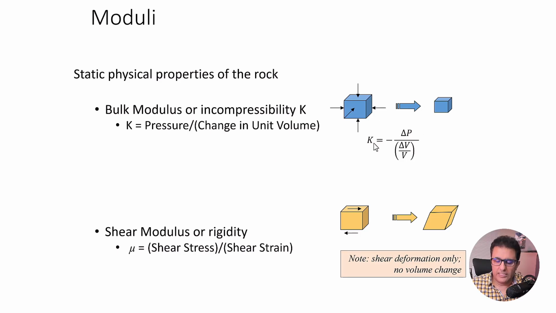So, for example, when we deal with a rock that highly resists deformation in volume, we're going to have high incompressibility.